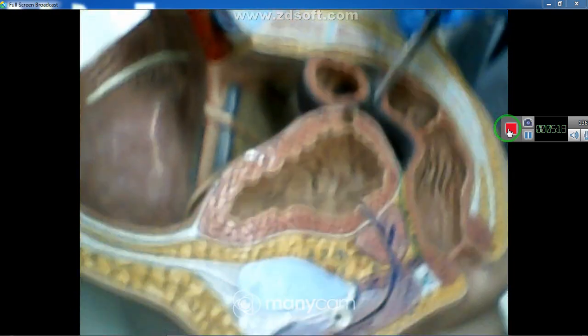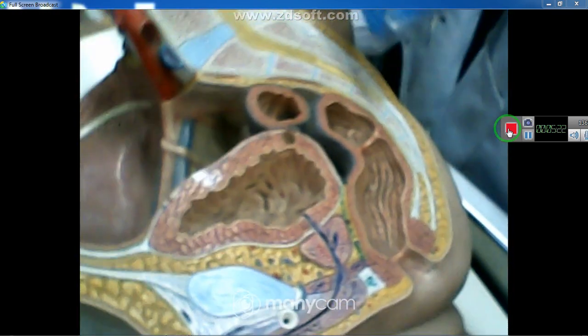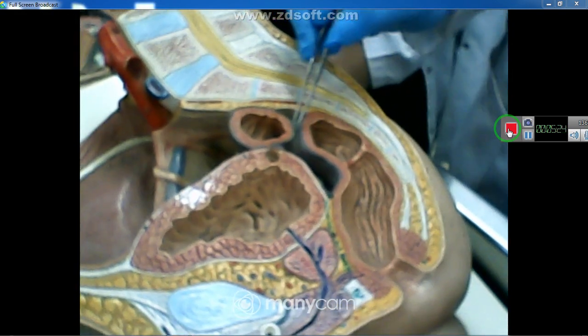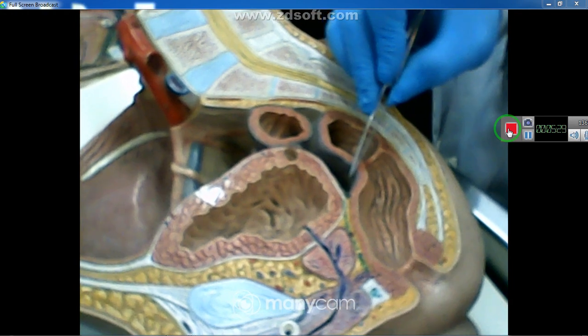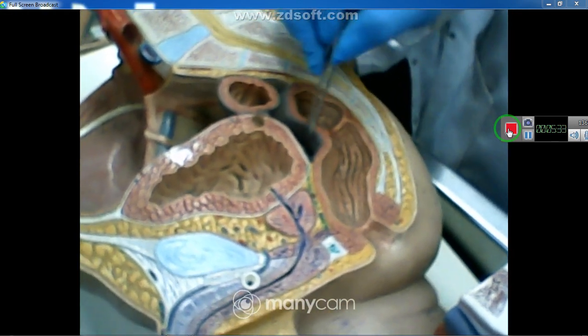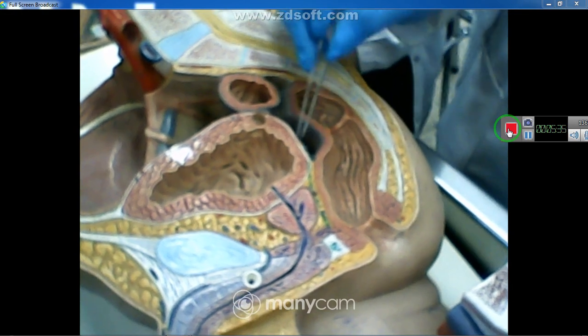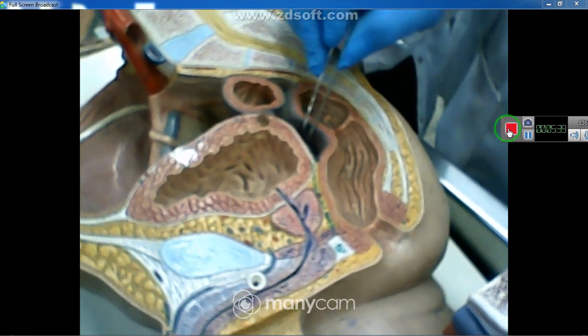Going back to this sample, we had just described the posterior relations. Anteriorly, the upper two-thirds of the rectum that is covered anteriorly by peritoneum is related anteriorly to the rectovesical pouch. And therefore, it is related to the small intestine, to the sigmoid in this region, in the pouch.